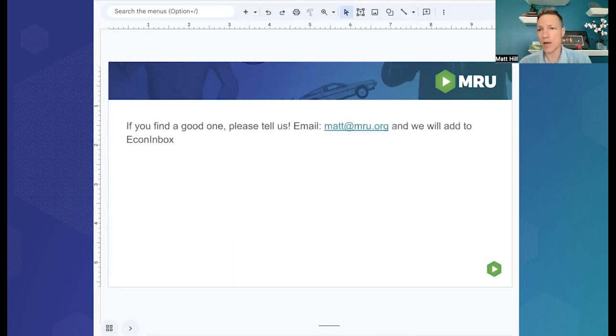Okay. And if you ever find any good news articles that you think we should put in EconInbox, you can always email those to me, and we'll put them in EconInbox and give you a shout out, like, hey, thanks to so-and-so for bringing this article to our attention. So we're always looking for EconInbox articles. Generally, we're probably adding about 5 articles a week.